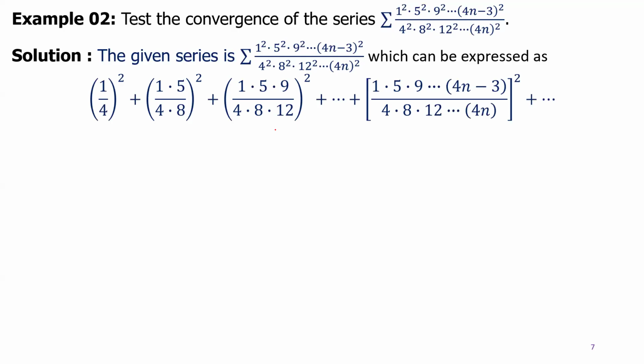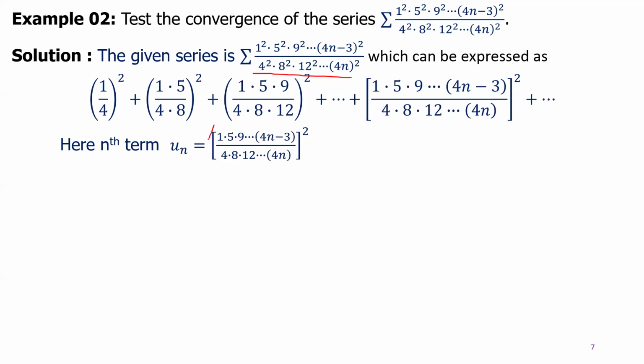And the nth term of the series will be 1 into 5 into 9 up to 4n minus 3 whole square, divided by 4 into 8 into 12 up to 4n whole square. So if we compare this series with the general series, un is given by 1 into 5 into 9 up to 4n minus 3 upon 4 into 8 into 12 up to 4n, whole square.